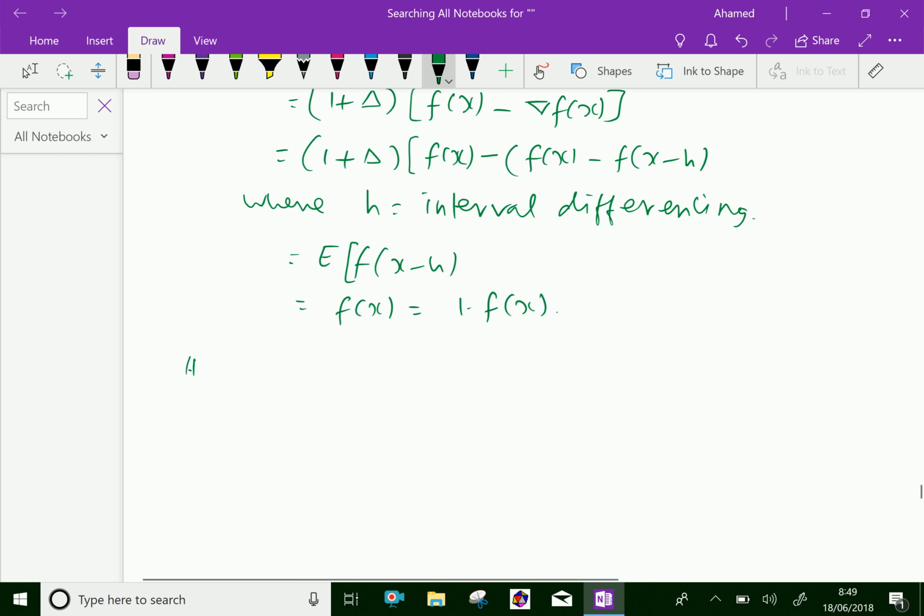Hence we can say 1 plus delta into 1 minus inverted delta equal 1.